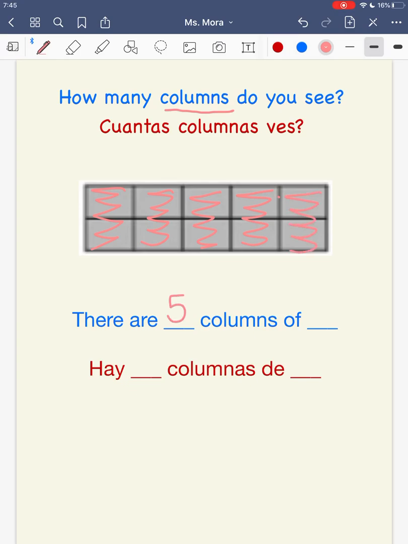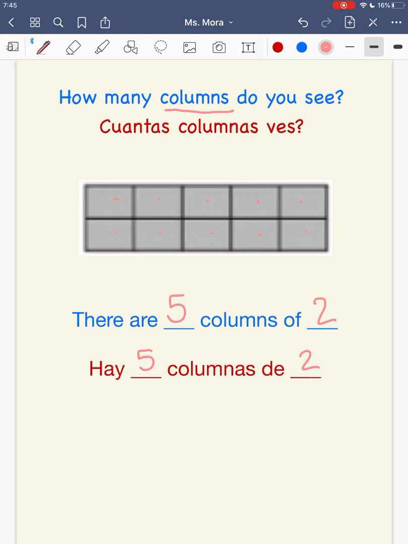So there are 5 columns of, and then if I just count them, okay, this column has 2, this column has 2, this column has 2, this column has 2, and this column has 2. So there are 5 columns of 2. Hay 5 columnas de 2, porque cada columna tiene 2 adentro cada columna.